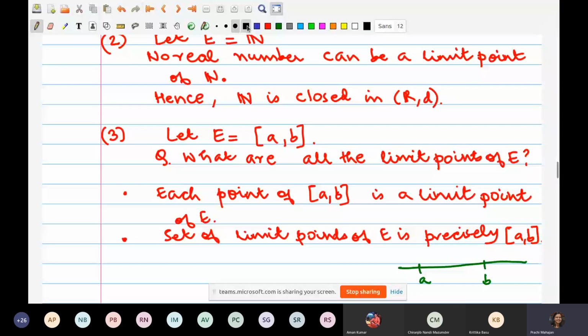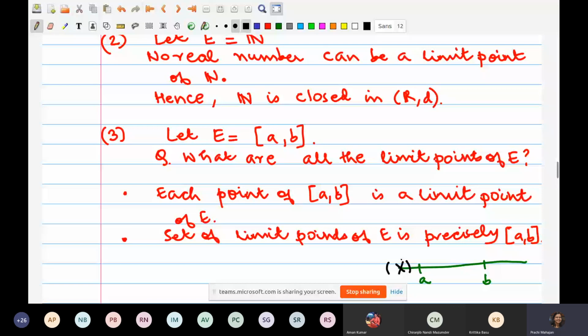I am claiming this cannot be a limit point of this set. Why is that? Pick this particular neighborhood of this point. This neighborhood does not contain any point of the interval AB besides this point. So hence this point cannot be a limit point. And likewise, the second statement also holds true, but this is something that you need to check.